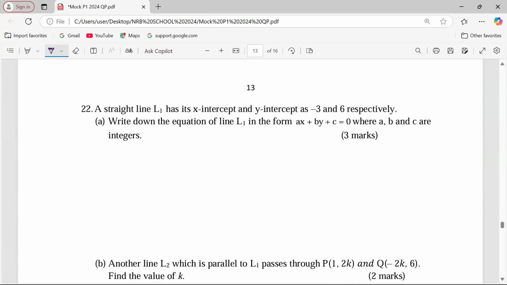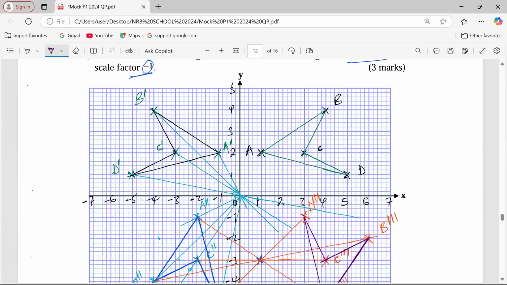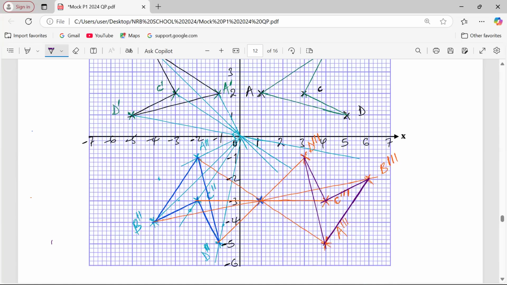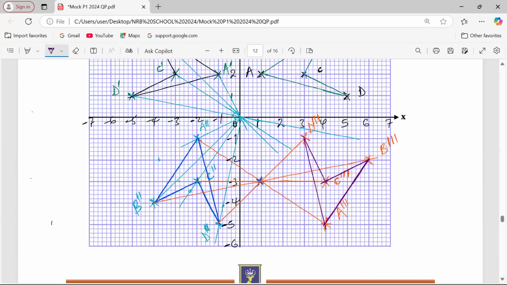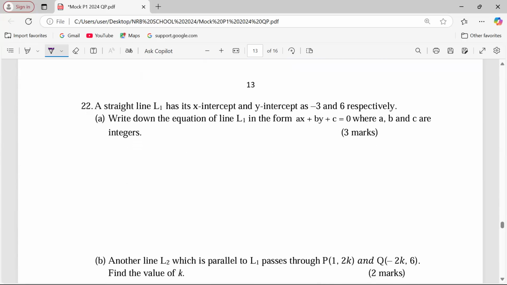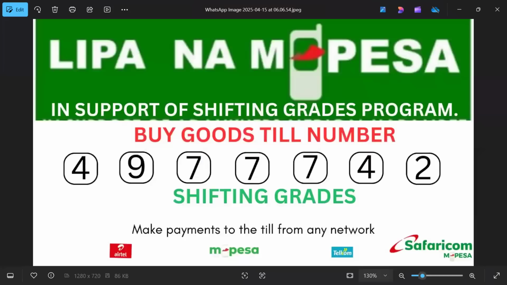This one, together with the transformations we've just done here, they rarely miss in a national exam. Therefore, students are advised to take some of these concepts very seriously. So give every concept the seriousness it deserves. And that is why we are choosing the best papers for you, so that you may get exposed to what is expected in the national examinations.